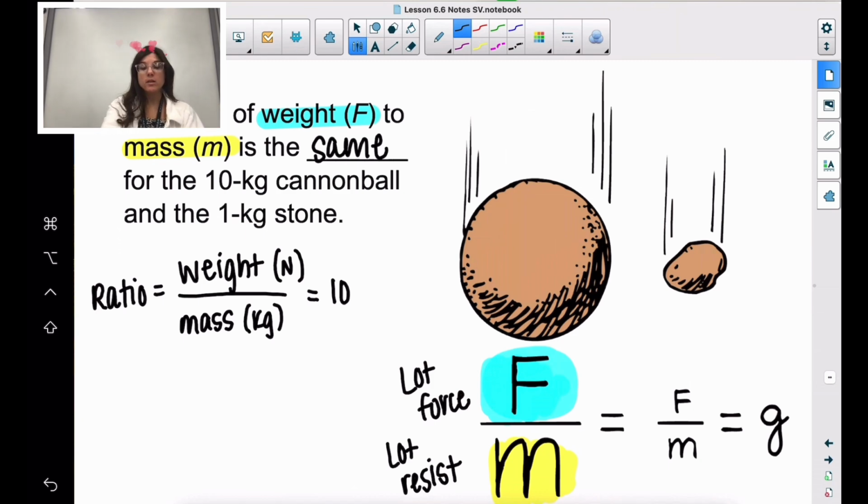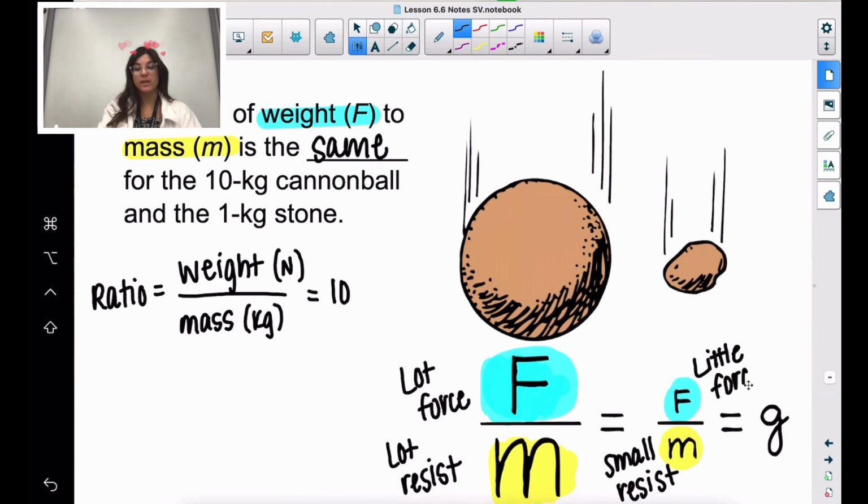So what about something that's small, like the pebble? The pebble is a very small mass, which means it has a small resistance. It's easy to move the pebble. So if it's easy to move the pebble, do I need to exert a lot of force to get it to move just like the cannonball? No. In fact, I need very little force to get the pebble to move. Why? Because that pebble doesn't need as much force to get going.